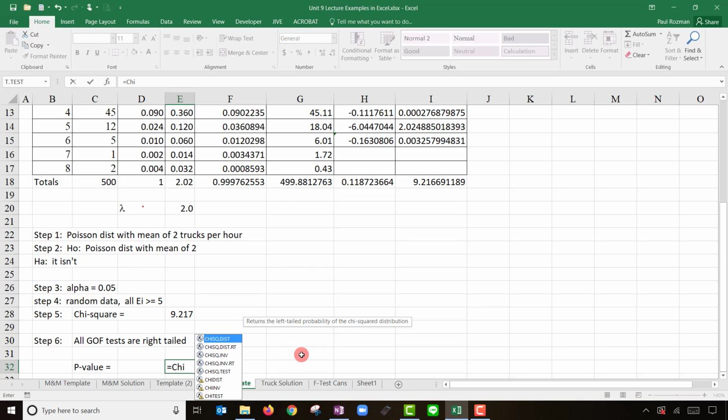So we'll say chi-square dot dist dot right-tail of 9.217, which is E28. And then we need our degrees of freedom. Oh, geez. Maybe we should have paused and done that first. Yeah, I don't know what it is. I'm going to guess it's 4.